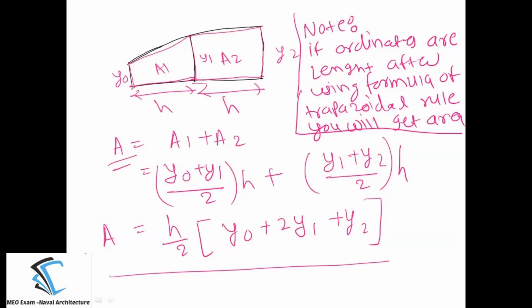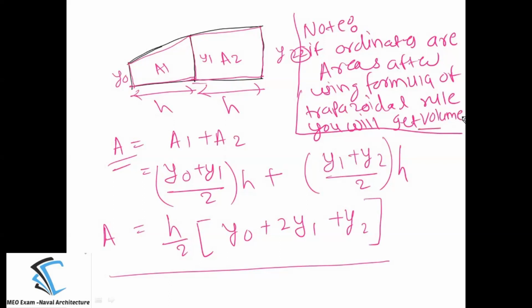The second thing which you have to understand here, this is point number 2: if the ordinates are areas, after using the formula of the trapezoidal rule, you will get a volume.